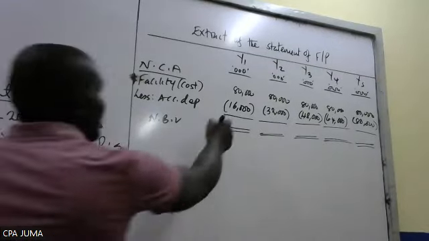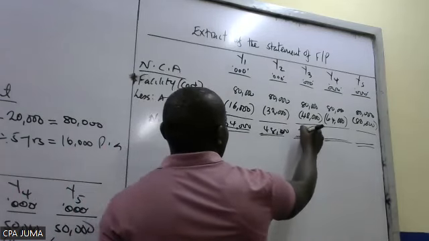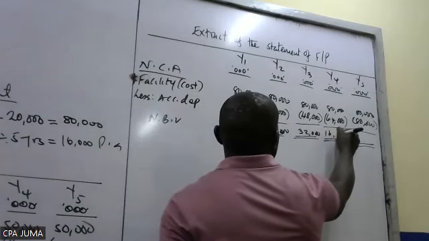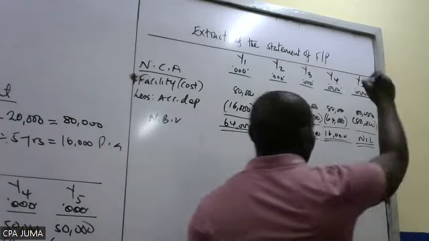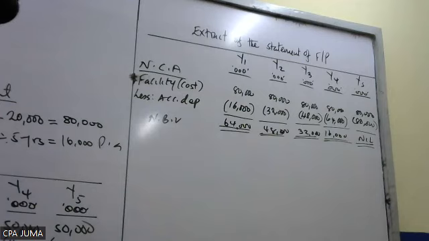So this is 64. So if you're using capital approach, that is what happens.